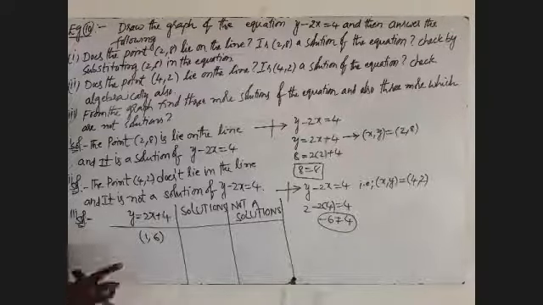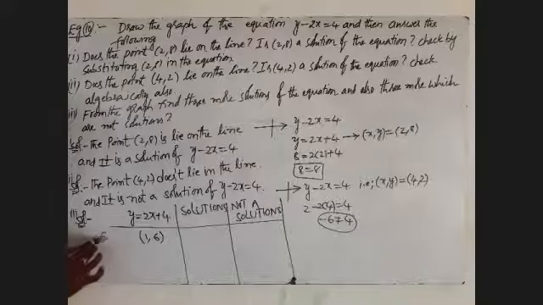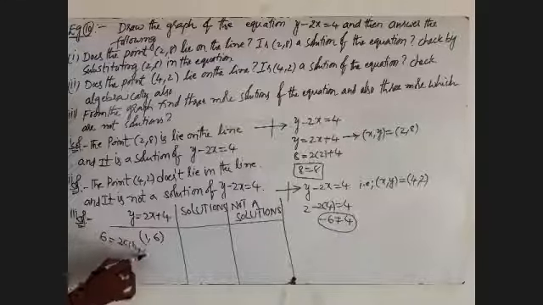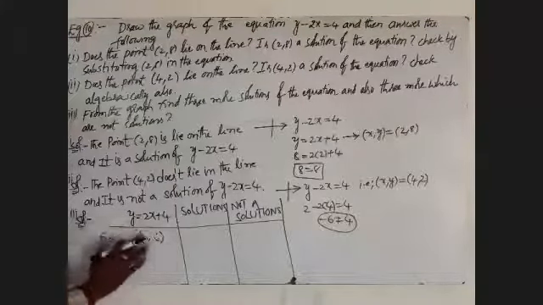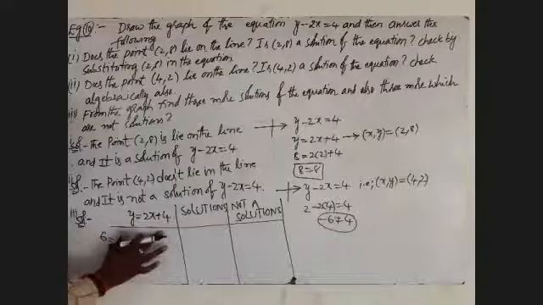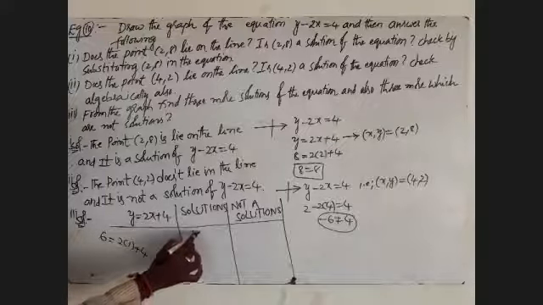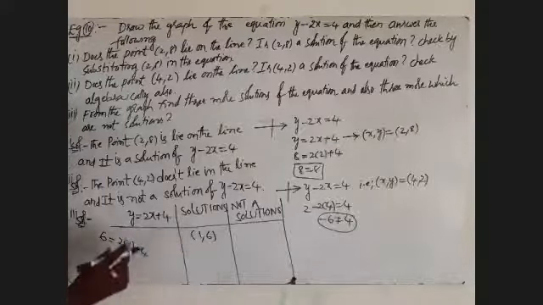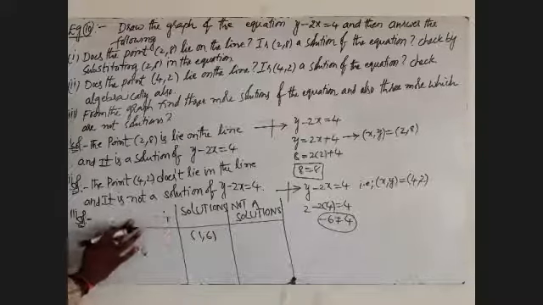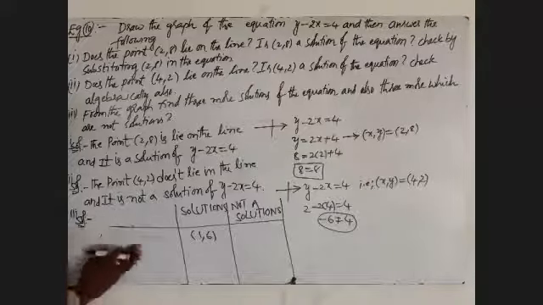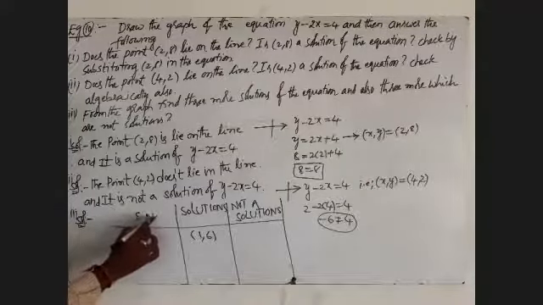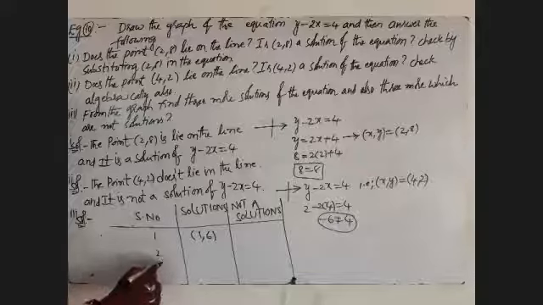Where y becomes 6, x becomes 1, so I write 2 into 1 plus 4, that is 2 plus 4 is 6. The given point 1 comma 6 is a solution. Serial number: this is 1, this is 2, this is 3.